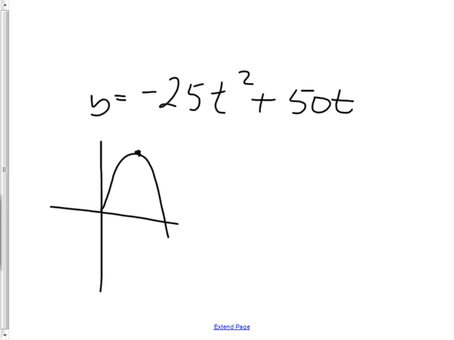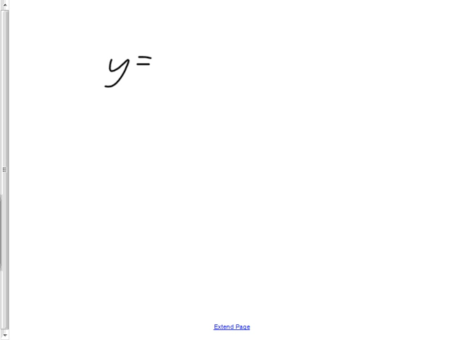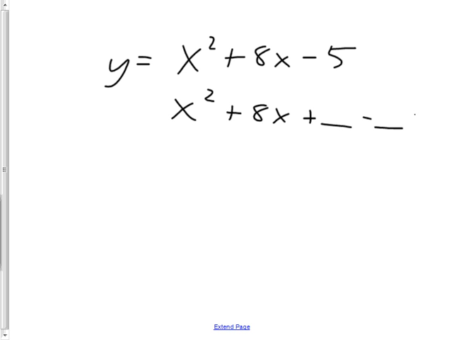So don't do this one yet, but let's just start with an easier one. Let's say it has x squared plus 8x minus 5. Do complete the square on this one. Remember that? Do it.